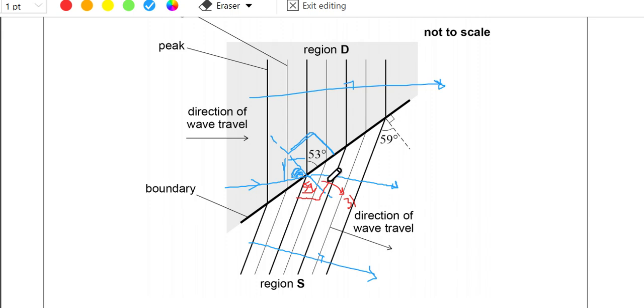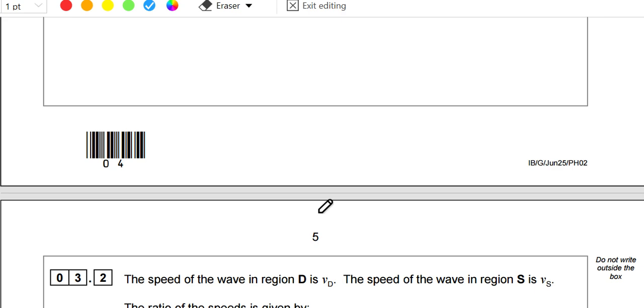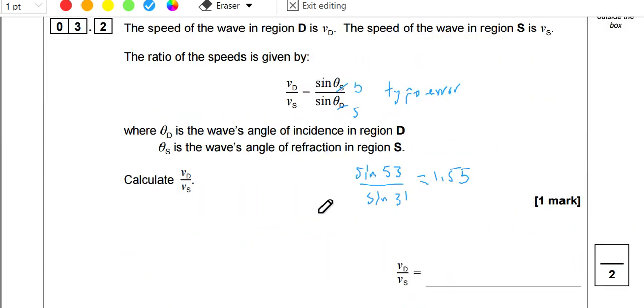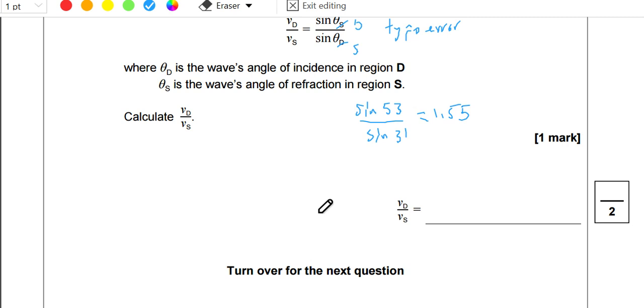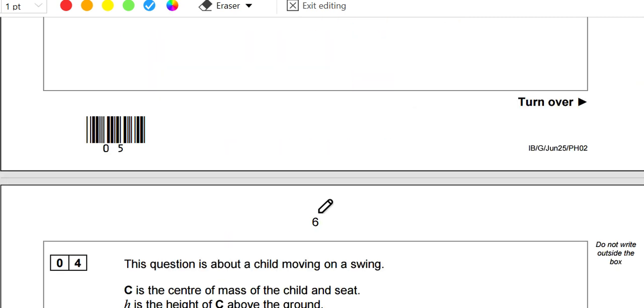So this angle, which is the angle of refraction, is 90 minus 59. It will be 31. So theta d, the angle of incidence, is 53. 31 is the angle of refraction. We can substitute here and we'll find the answer 1.55, which is also the refractive index.